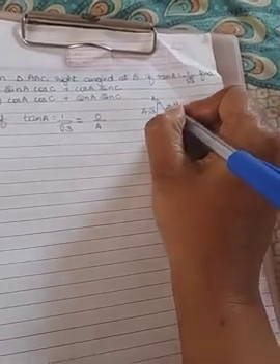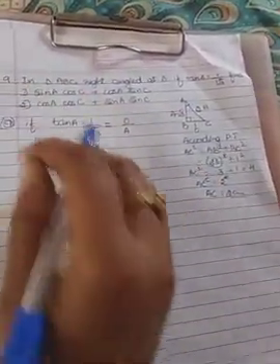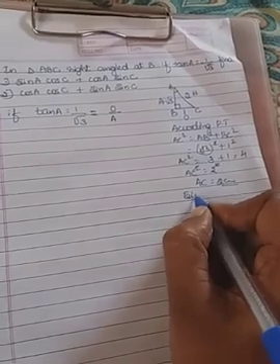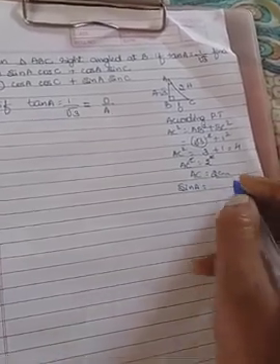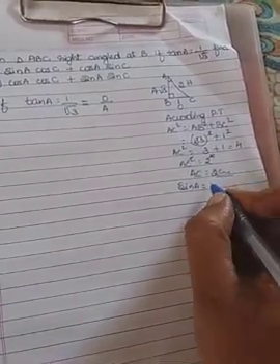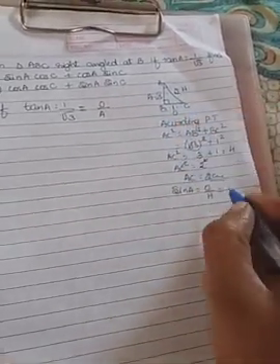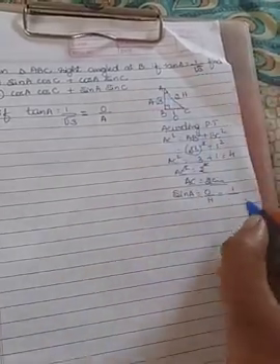Let us substitute this. AC is 2. So let us take first the ratios we required, sin A and cos A. First we take sin A. Sin A ratio, everybody knows, is opposite divided by hypotenuse. Opposite is 1 divided by hypotenuse 2.